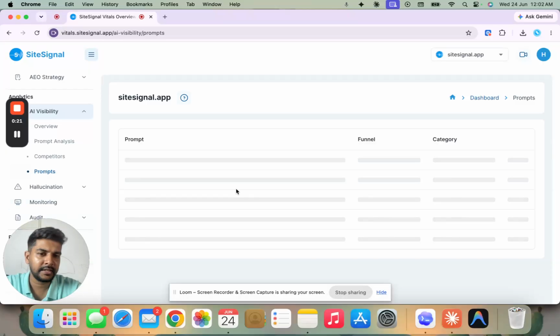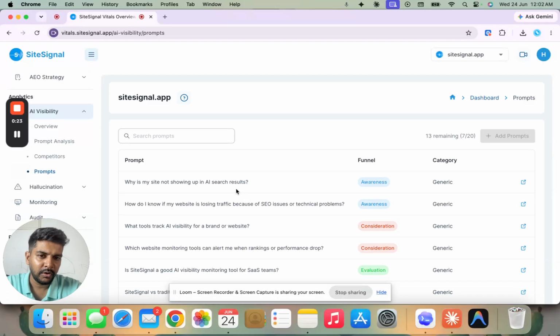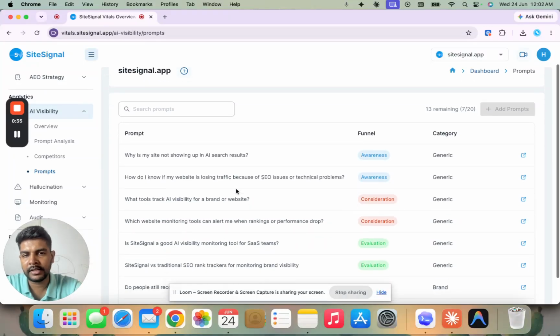The prompt section is built to track what people are checking on AI. When people are checking things on AI, we can categorize that into three sections. Generally, if they are aware of something and they want to get knowledge about that particular field, we call them aware.